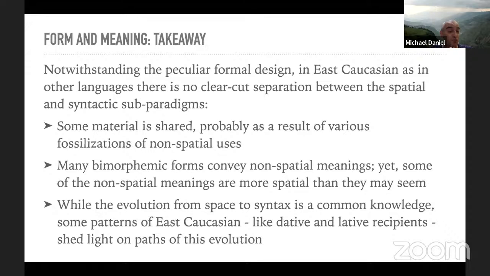Of course, we know that in very many languages the marker for recipient develops from the marker for goal, but in languages like East Caucasian we see how this happens, because we have both dative and lative strategy for recipients, and we see how the evolution may go from one part to the other.